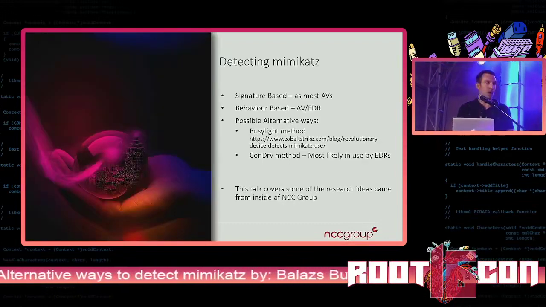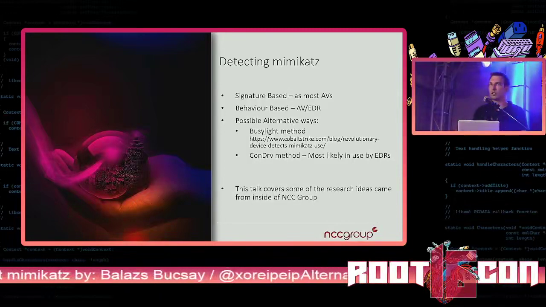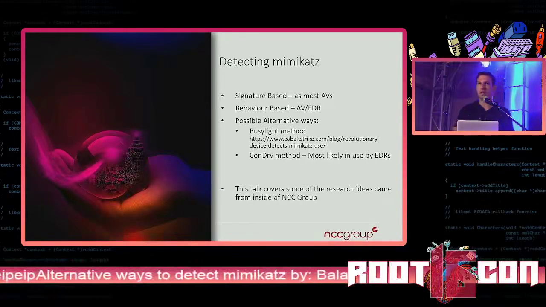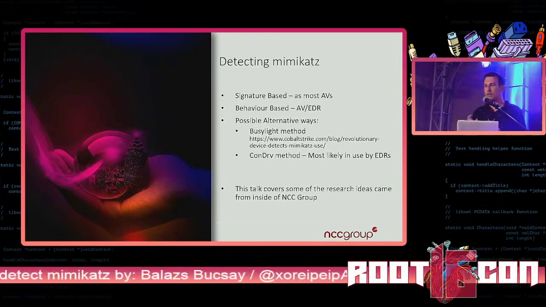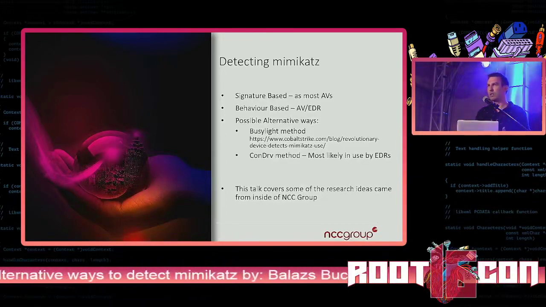So let's talk about detection techniques. There are 2 detection techniques that are widely used. The first one is signature-based, mostly used in AVs, where the AV detection database has strings, and if those binary strings match a binary or any kind of file, then the AV is going to block, quarantine, or delete that file because that must be malicious.